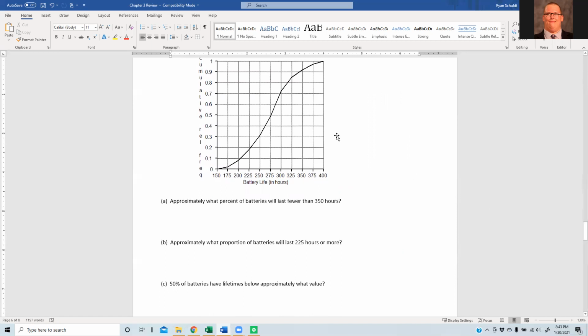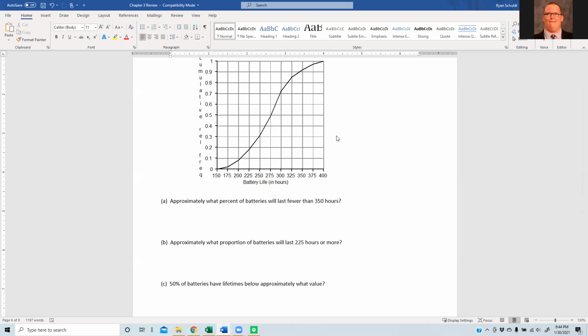A asks us approximately what % of batteries will last fewer than 350 hours. Now remember, cumulative relative frequency means it's eventually going to sum to 1. So whatever our x is, that value is everything up to that x.